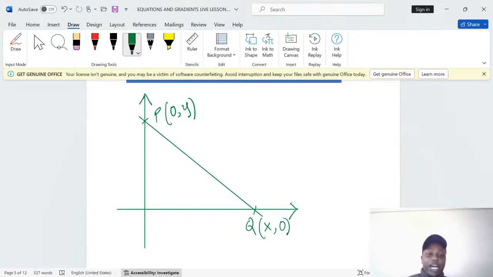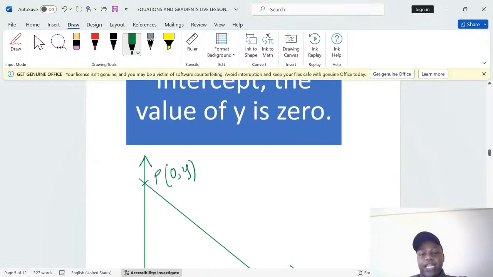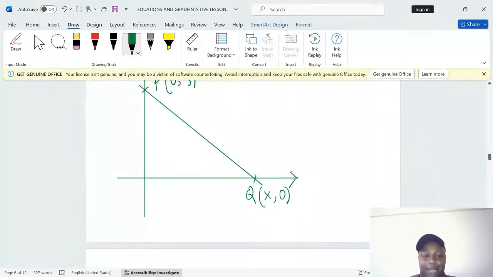So that is the nature of the intercepts. Therefore, at the x-intercept, the value of y is 0, and at the y-intercept, the value of x is usually 0.